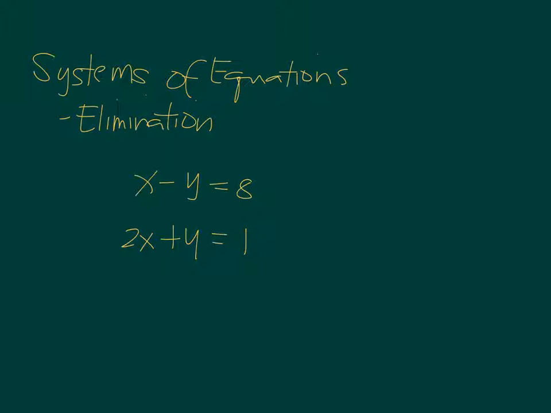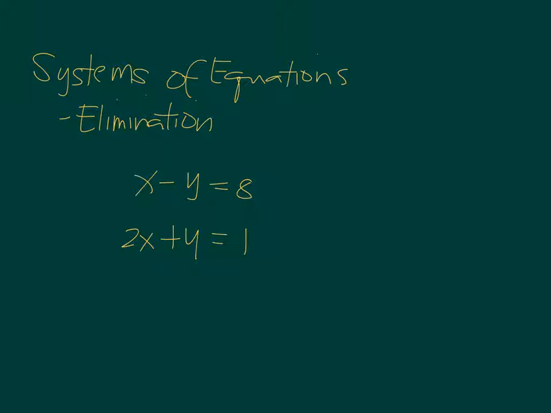Okay, so when you try to eliminate one of the variables, you have to think whether when you add the sides of the equations, you get to eliminate one of the variables, or when you subtract the equations, you get to eliminate one of the variables. So it's either you choose to add them or you subtract them.